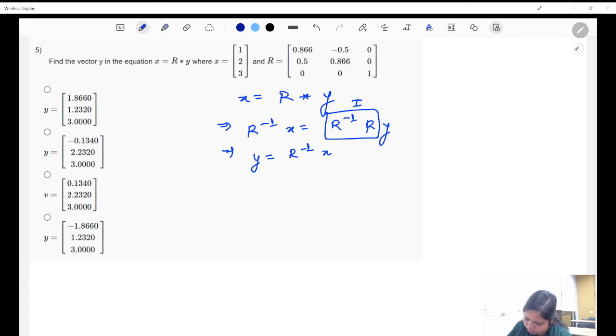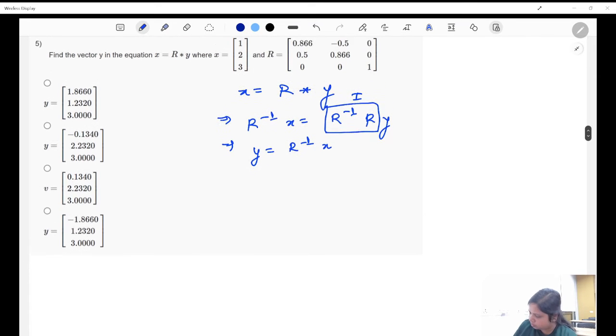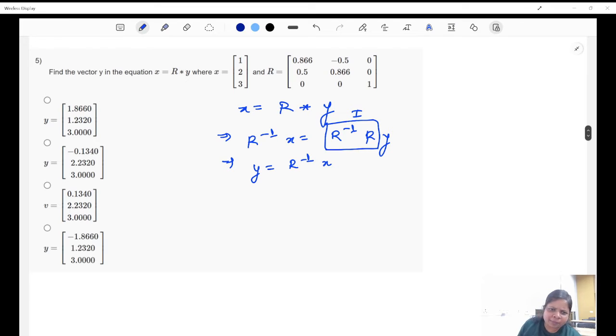Alright. Now, by looking at the matrix R, can you tell me something? Do you get some hint from it? What type of matrix is it? You see the values are less than 1. Do they show you some property?